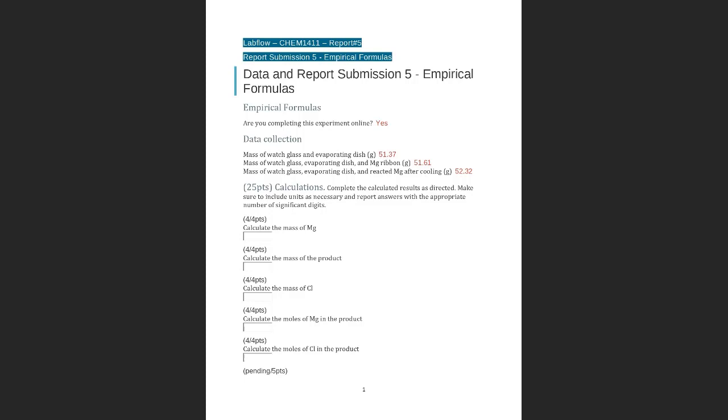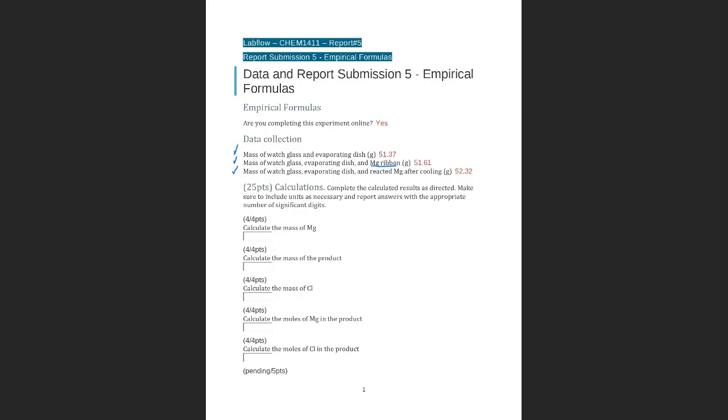You are given the mass of the watch glass and the evaporating dish, empty. Before the reaction, the mass of the watch glass, the evaporating dish, and the magnesium. And after the reaction, the mass of the watch glass, evaporating dish, and the magnesium after it reacted and after cooling, because you can never weigh something when it is hot. You have to wait until it's room temperature.